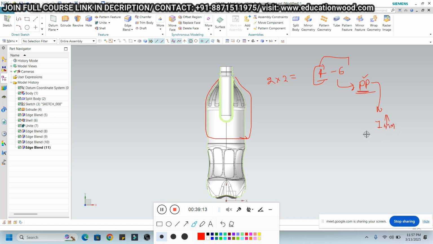Yes, greater than 1. So what will be the thickness for this? 2 multiplied by 2, you will get 4. So 1 is the final component wall thickness, and 4 wall thickness should be considered.